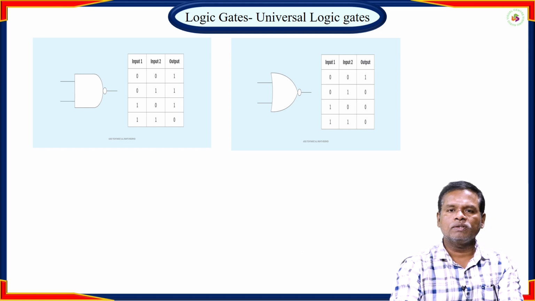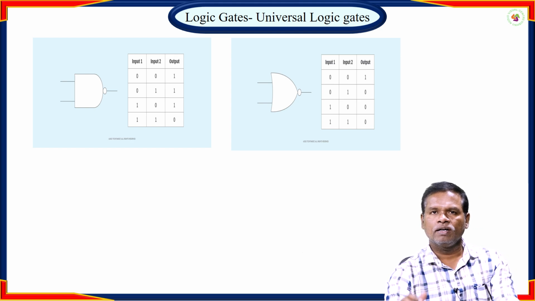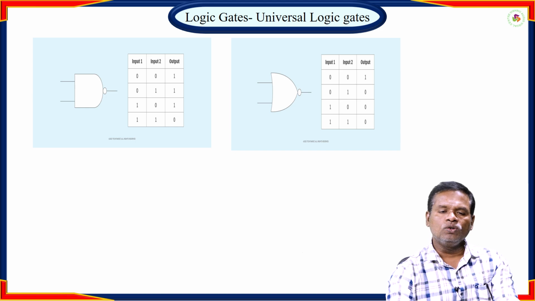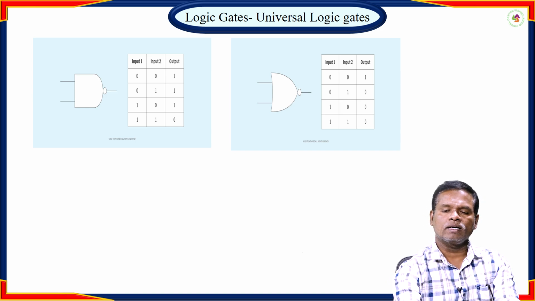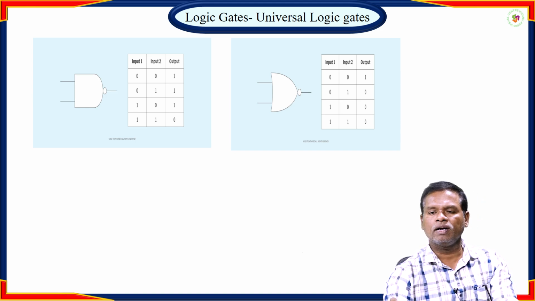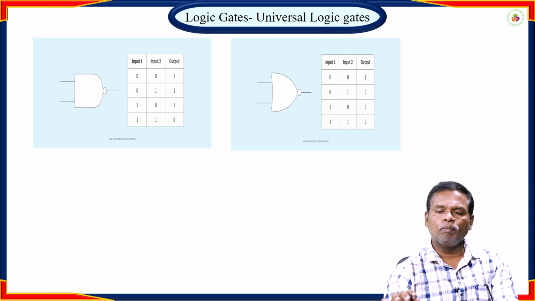Then the question comes, what makes them universal gates? The main reason is that using only the NAND gate or using only the NOR gate, we can build any logic circuit.